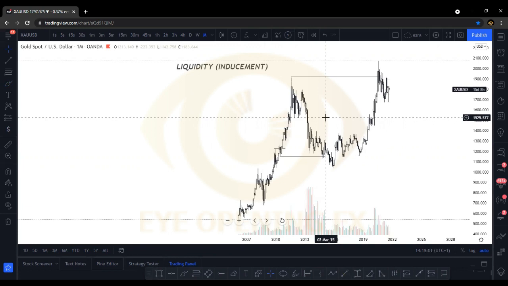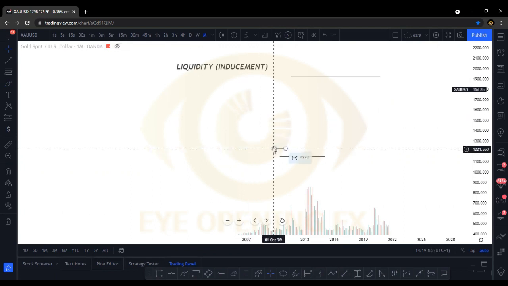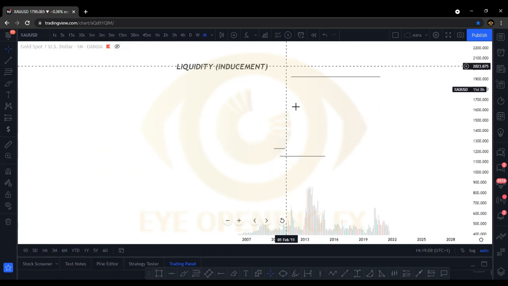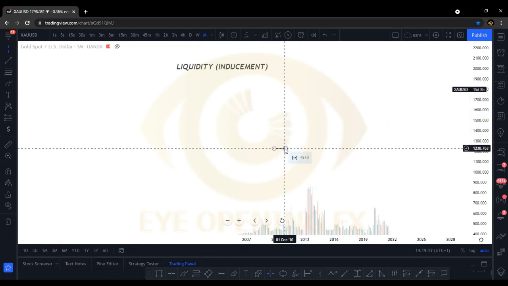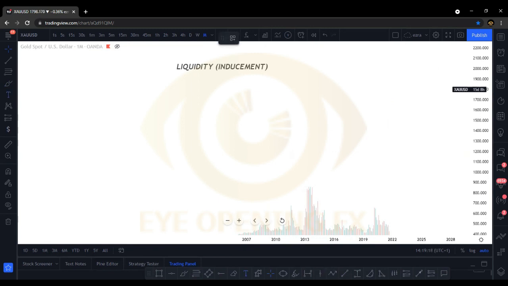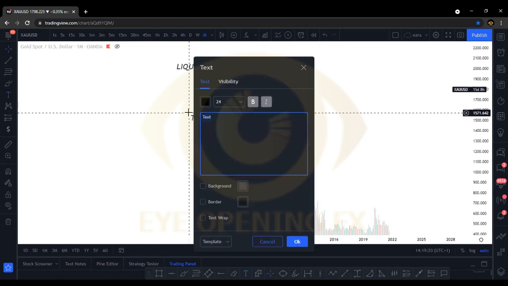Let me explain it with a diagram first. We have up to three types of inducement.